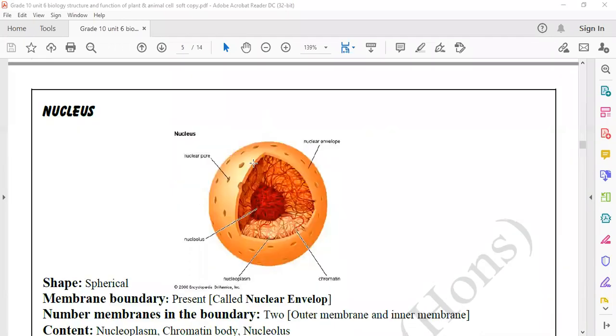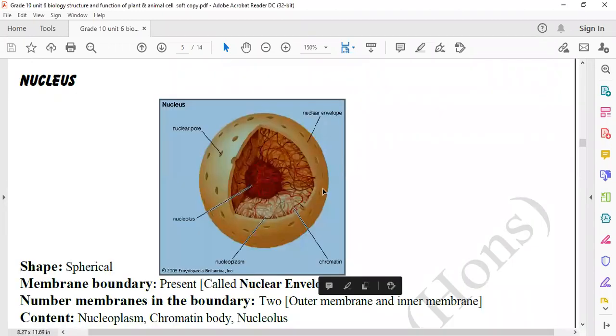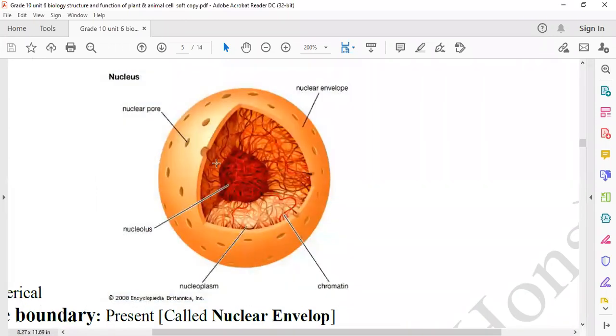We first speak about the nucleus organelle. I have selected this picture for nucleus, thinking it is a good picture, because the structures in it are important to know. The nucleus is surrounded by this unit called nuclear envelope.